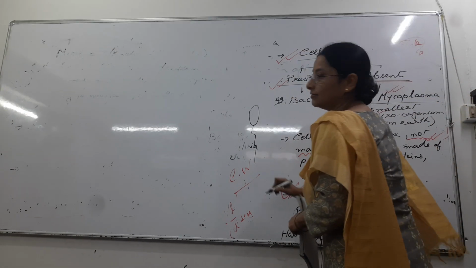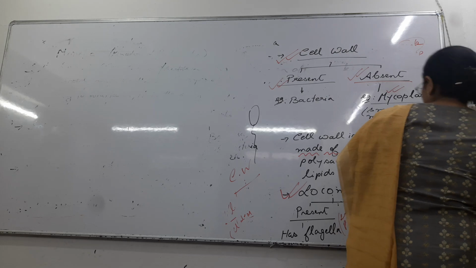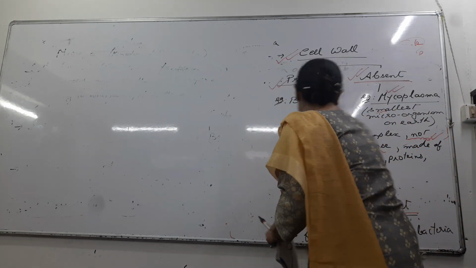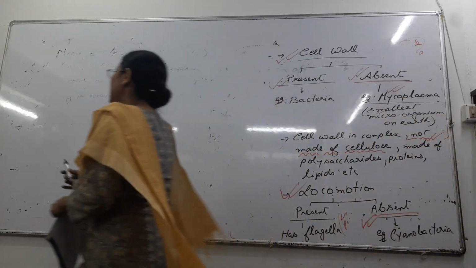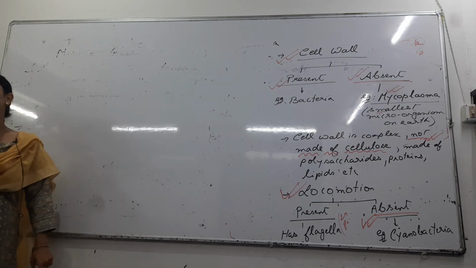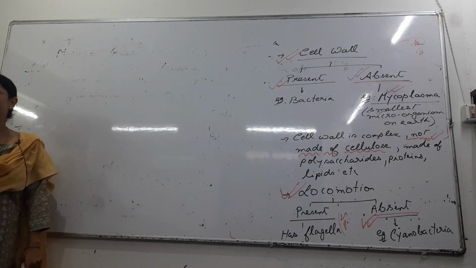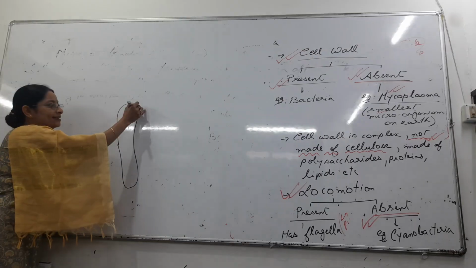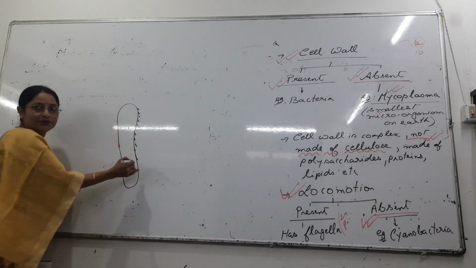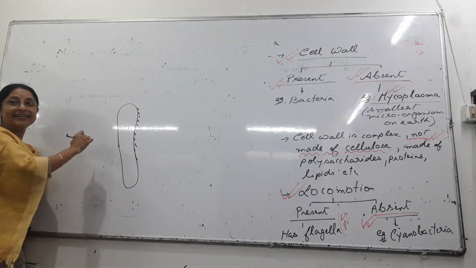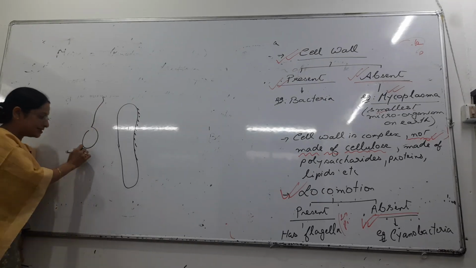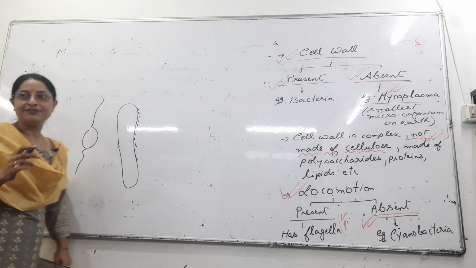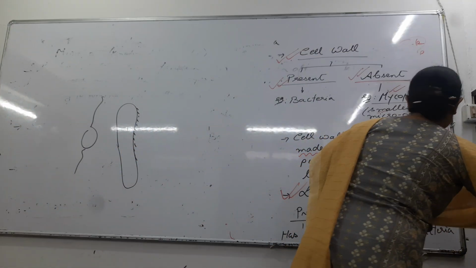Have you heard two words, cilia and flagella, from paramecium diagrams? Something like this, we draw, right? If you are talking about this flagella, cilia and flagella have a difference.